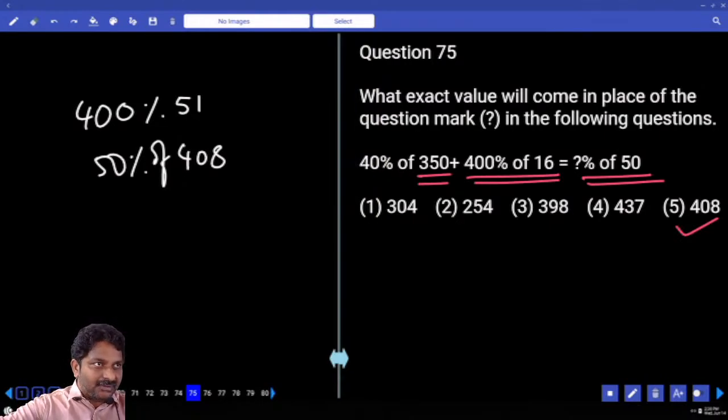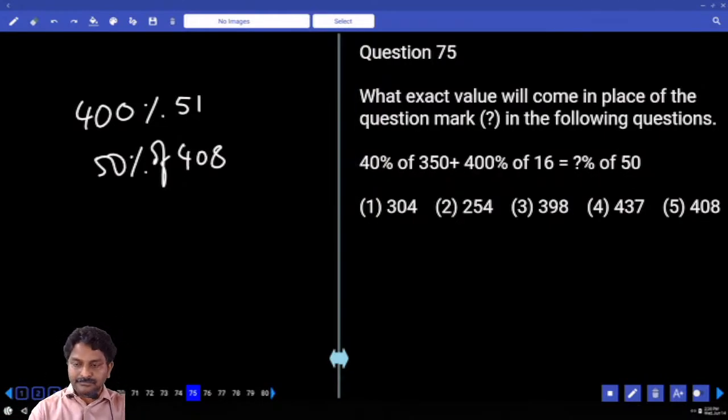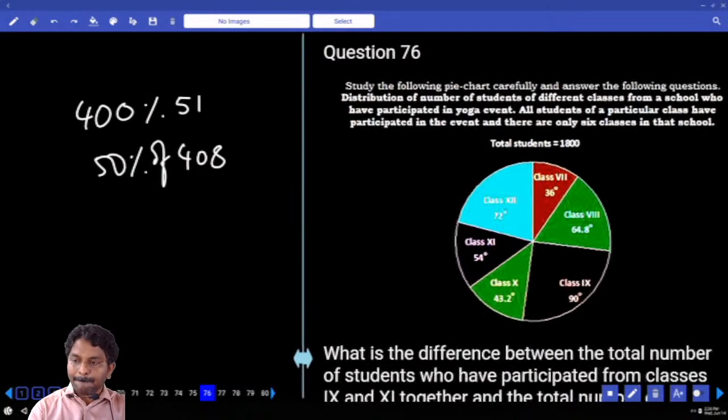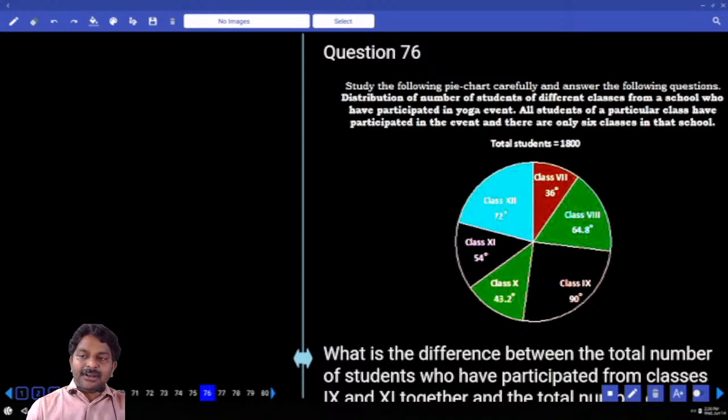Have you understood? Distribution of number of students of different classes from a school who have participated in a yoga event. All students of a particular class have participated in the event and there are only 6 classes in that particular school.